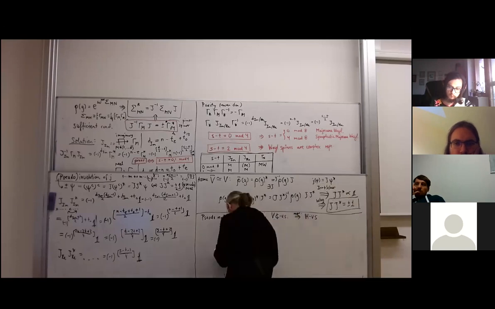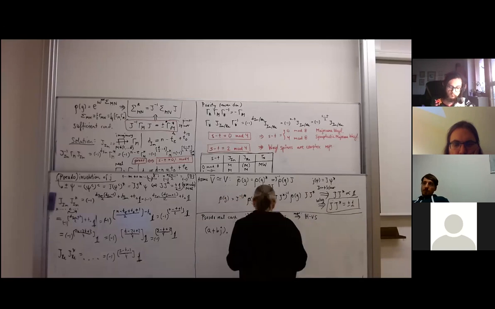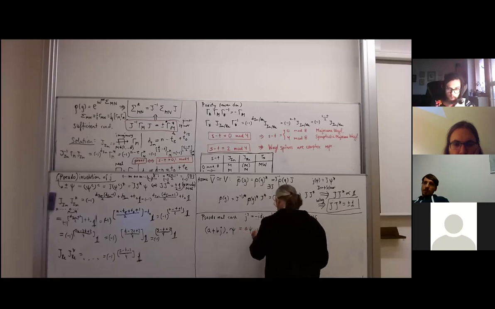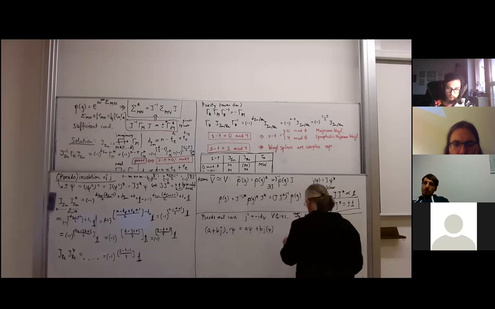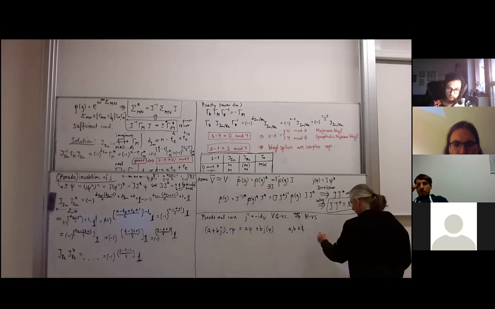We can define a left action of the quaternion J on psi equal to A psi plus Bj psi, where A and B are complex numbers, and psi belongs to the vector space.